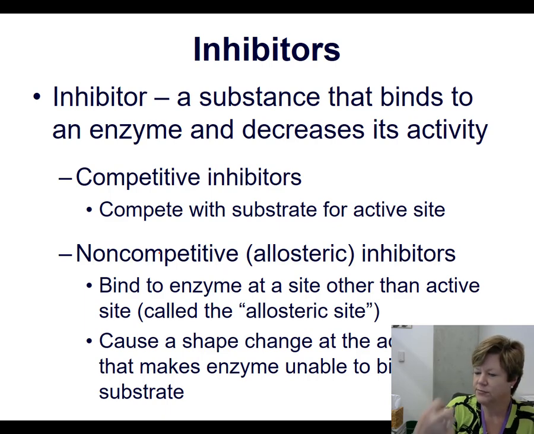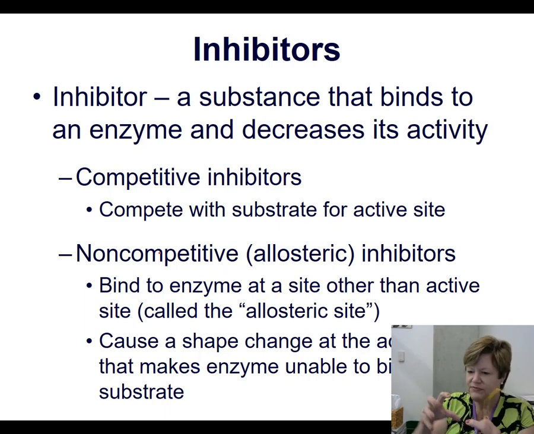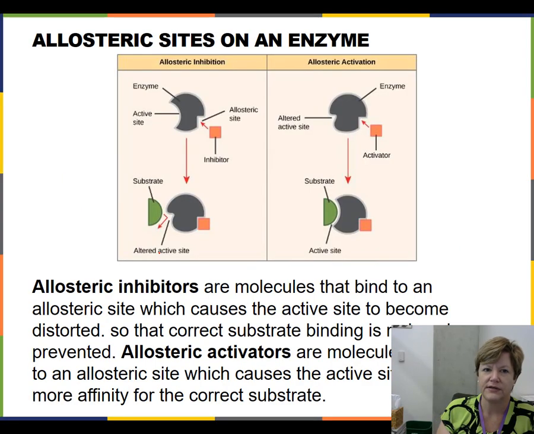So either an inhibitor binds directly to the active site, and of course that immediately stops the reactions from happening, but it can also attach somewhere else. And usually when that happens, it will change the shape of the enzyme overall so that even the active site is not the right shape. And that can stop the reactions from happening.